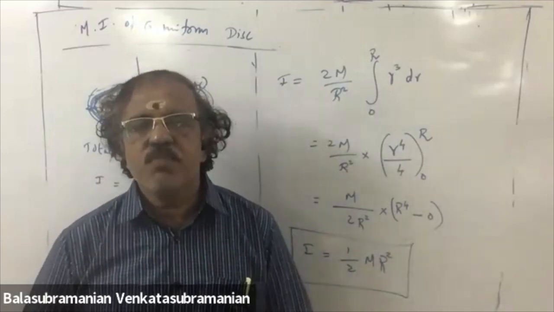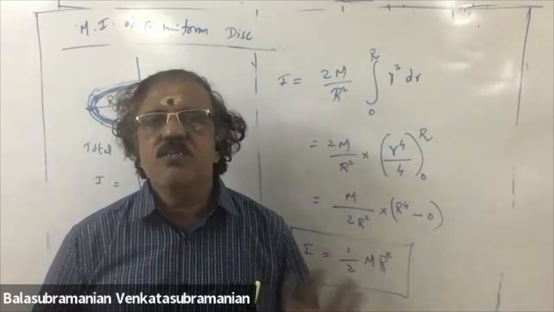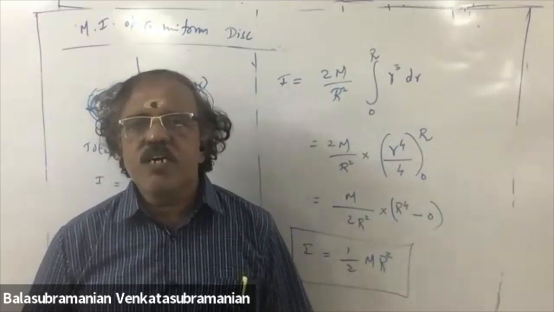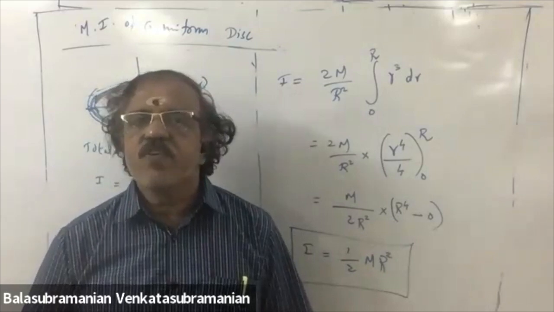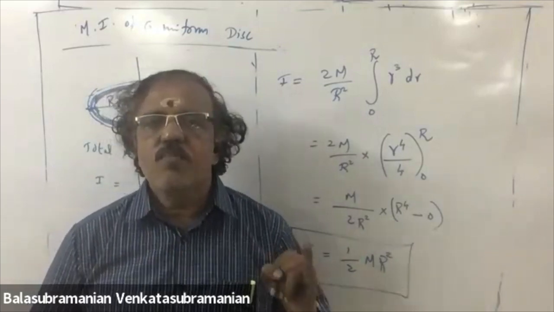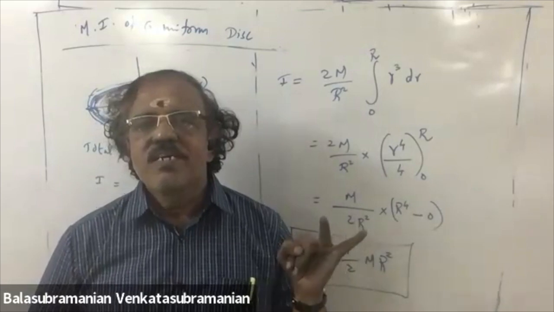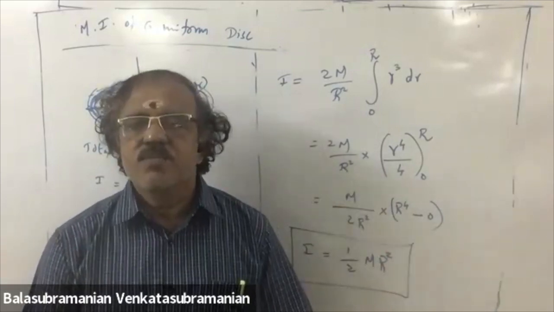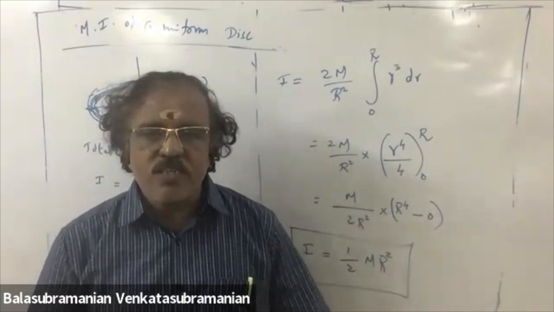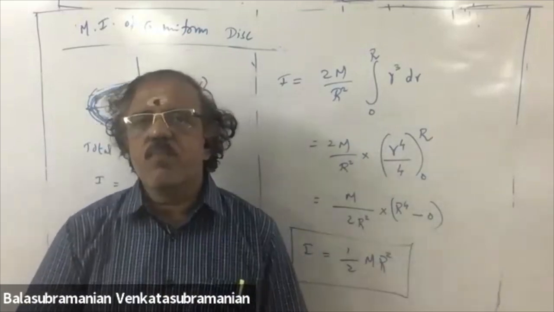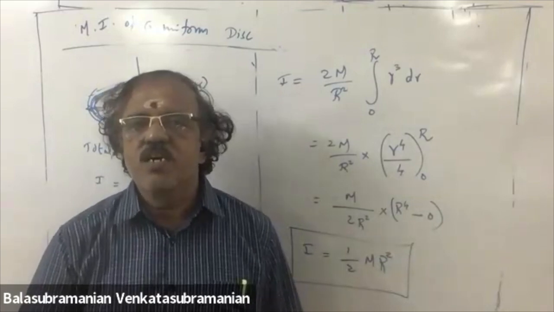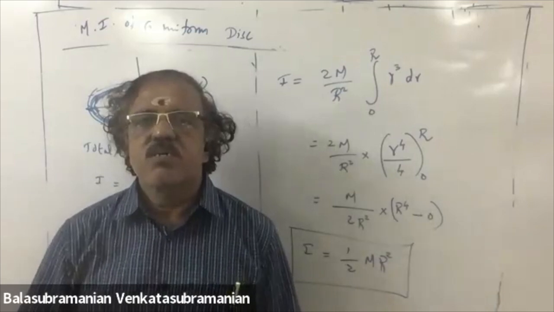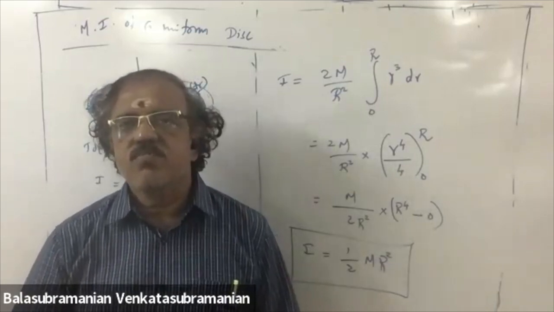Correct? So we have seen moment of inertia, basic concept, radius of gyration, and moment of inertia of three different rigid bodies: uniform rod, disc, and a ring. Three things we have taken. Okay. Now, related to this, problems we are going to discuss, problems related with moment of inertia, radius of gyration, and all the three rigid bodies. We'll go to the problem.